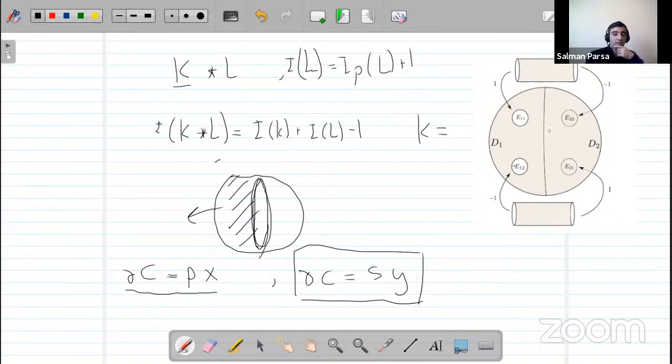Actually, I found this example and I computed that the join of this example with other examples, with some L, gives you something whose 5-dimensional class is 0.